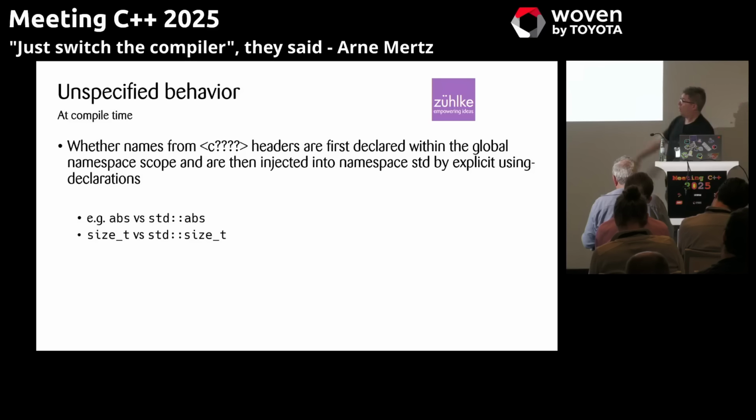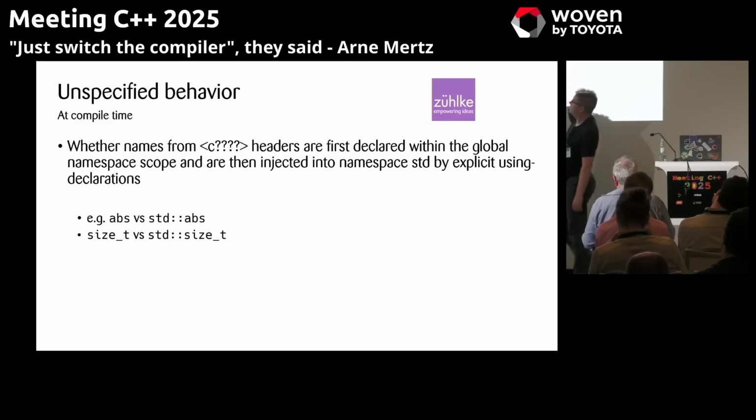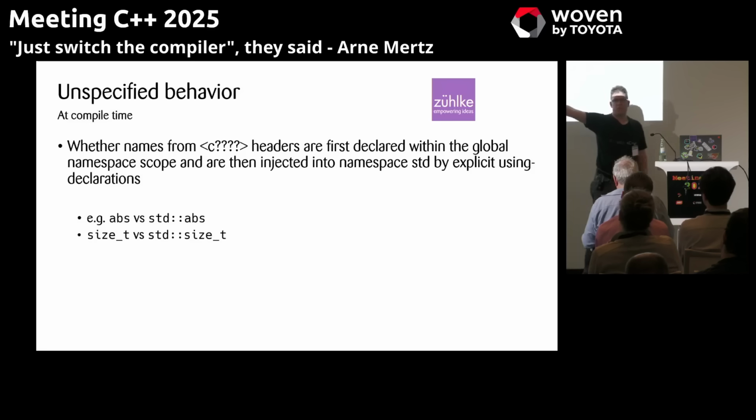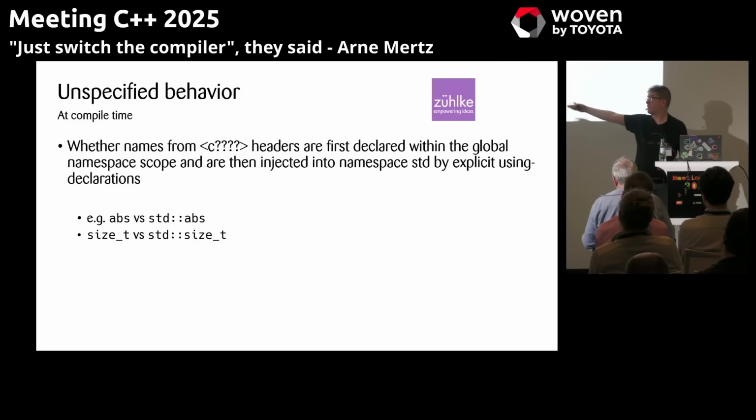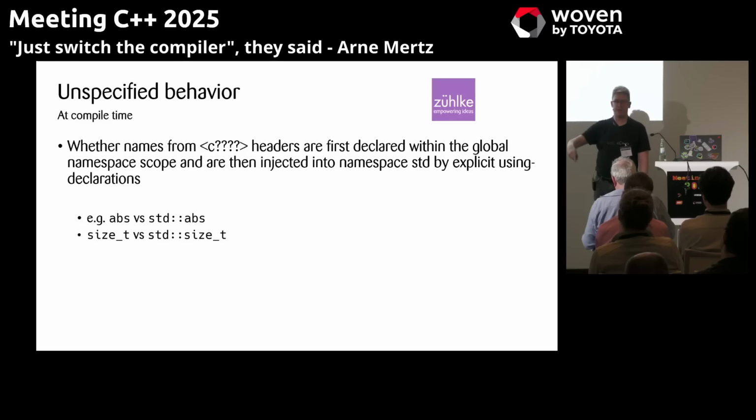So abs versus std::abs. The C math header says there's a std::abs. It doesn't say anything about abs. But usually your GCC says, well, that's just the same as what our C header takes. So it just includes the C header and then says namespace std { using ::abs; using ::this; and so on. So this is implementation-defined, or unspecified, actually.